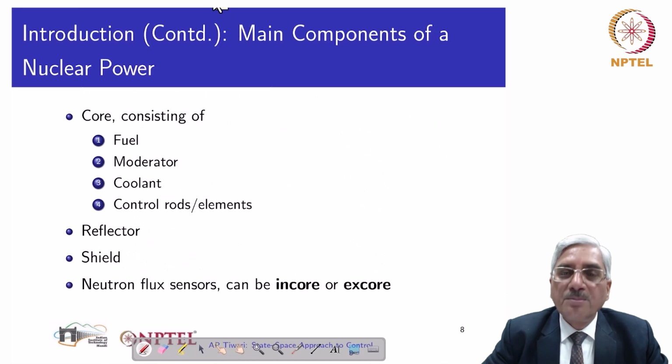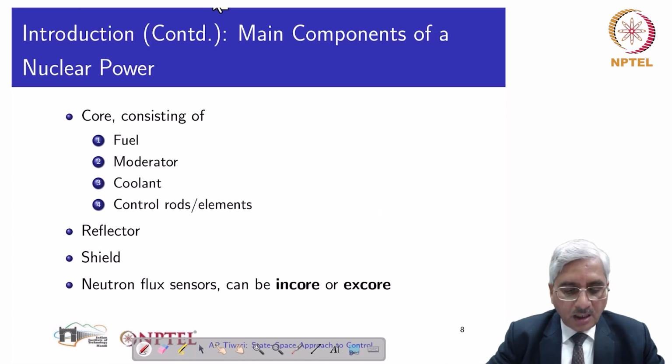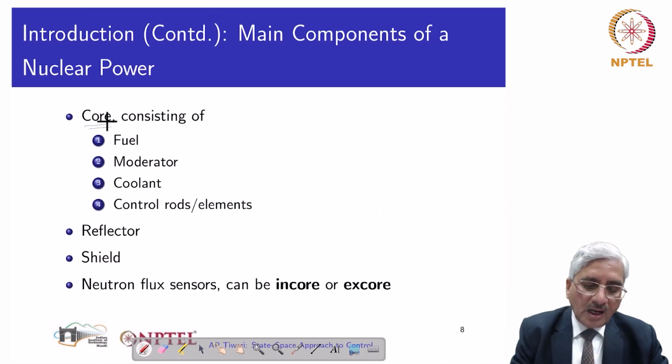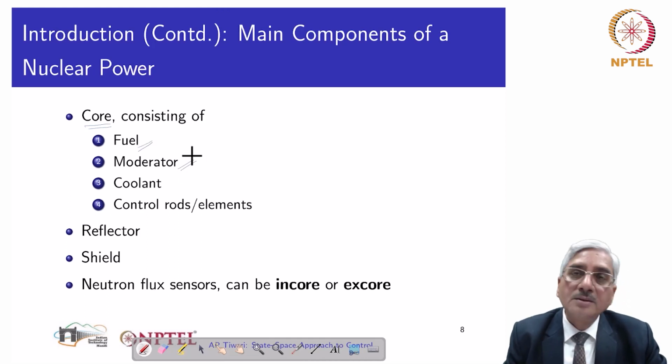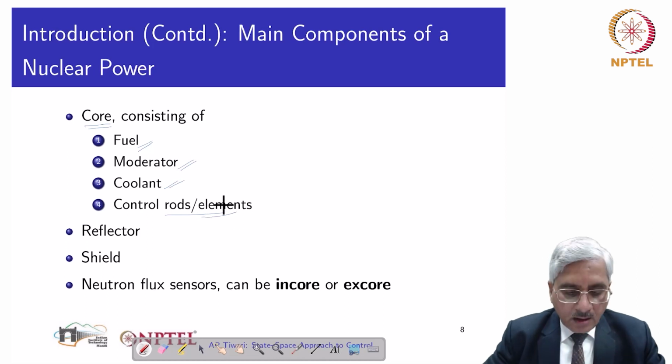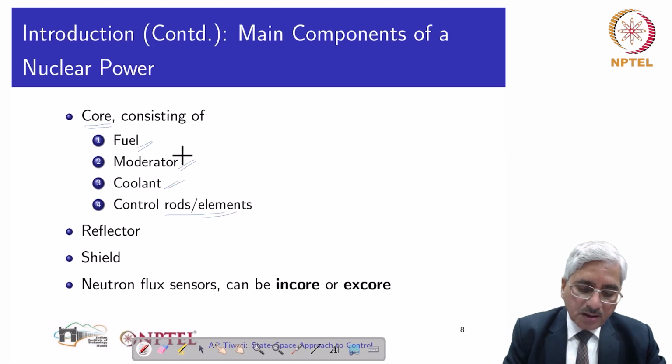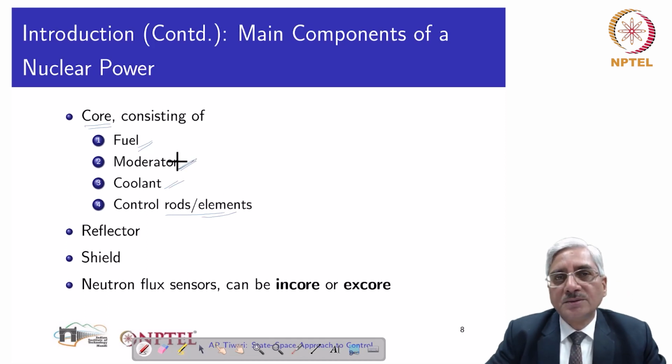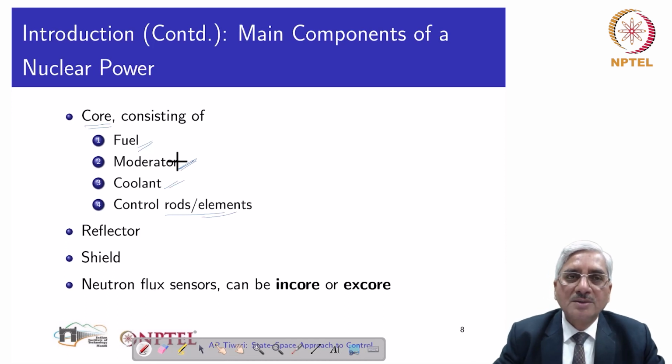The important main components of a nuclear reactor are the core, and the core in turn consists of the fuel, the moderator, the coolant, and the control rods or control elements. Fuel, as we know, is where the fission interaction happens and energy is produced. The moderator's function is to bring the fast neutrons produced in fission to thermal energy.